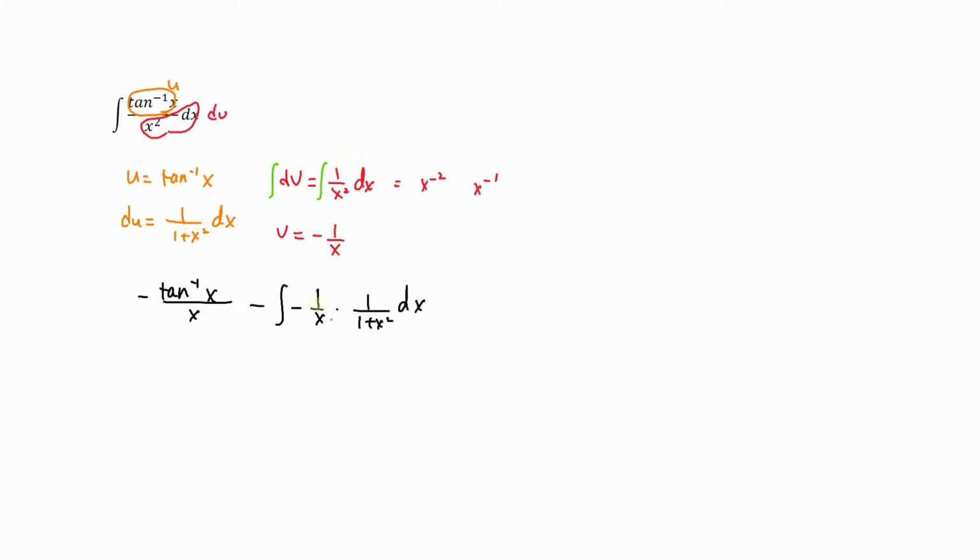Notice this is where we can use the partial fraction. So let me actually write the strategies. Did I spell it right? Strategies, yes. Integration by parts, which I've just done, and then the partial fraction.